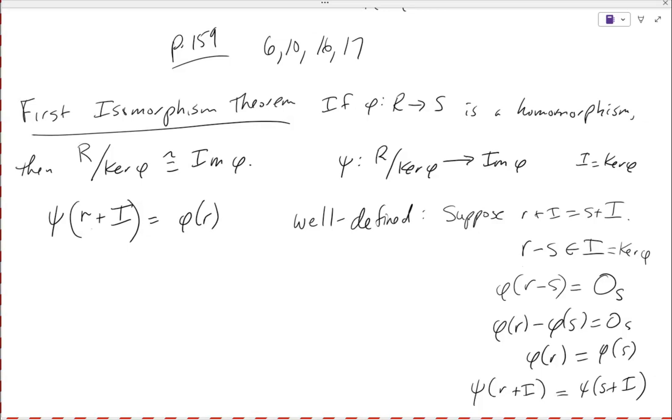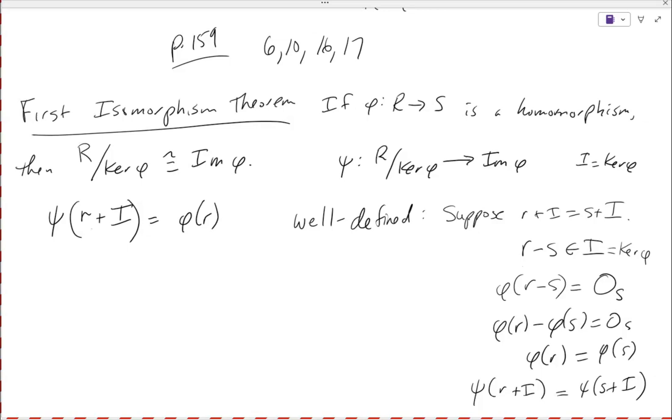This is the definition of psi, right? So we put equivalent things into the function. We got equivalent things out. So that's good news, right? So it's well defined. If you put the same thing in, you had to get the same thing out. That's what needs to be a function, right? So far, so good?